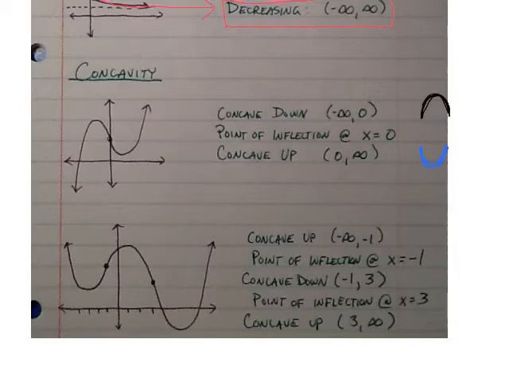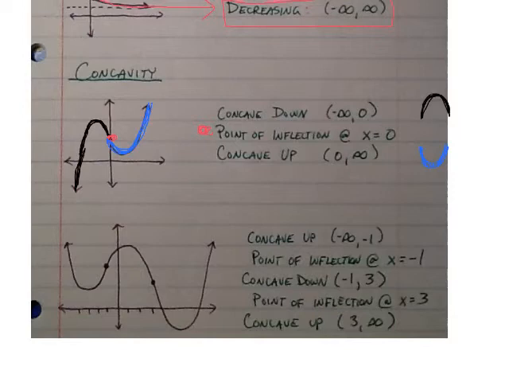So in this graph, our concave down region happens from -infinity to, it appears to be 0. At 0 we have the point of inflection. The point of inflection occurs when we switch from concave down to concave up, or vice versa. And then our concave up portion is from 0 to infinity.